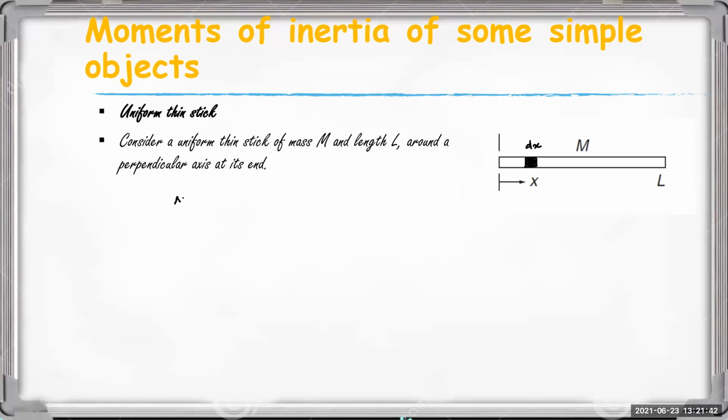Here also the same mass per unit length, that is equal to m divided by L, then the mass of element dx, let it be taken as dm, is equal to m divided by L into dx.